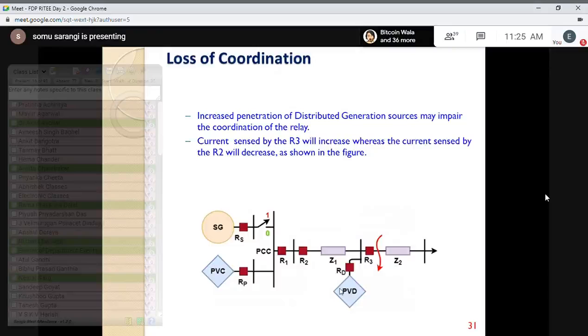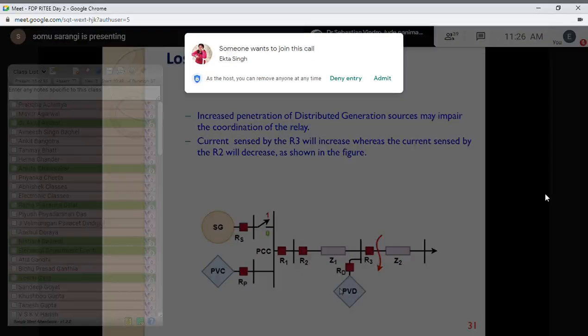Now we can talk about the loss of coordination problem. As we discussed in the previous slides, there will be a time gap between our relays, and this time gap should be maintained. That is called the coordination time interval. But you can have different types of photovoltaic sources.